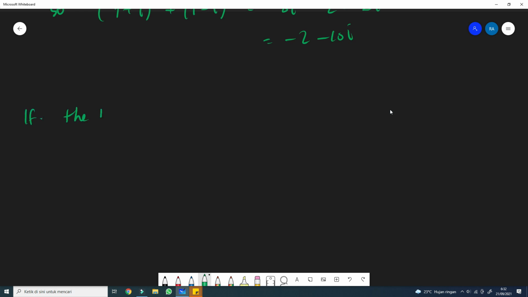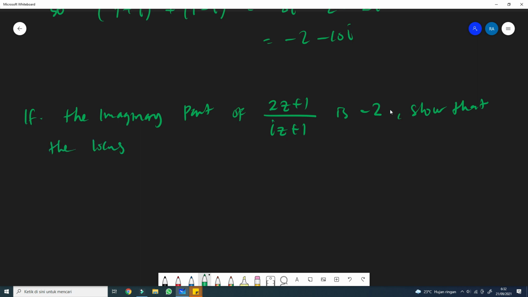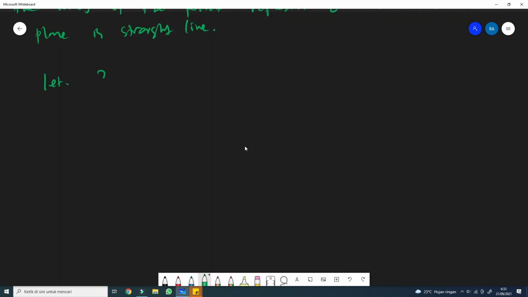Another example: if the imaginary part of (2z plus 1) over (iz plus 1) is minus 2, show that the locus of the point representing z in the Argand plane is a straight line. So to solve, let z equal x plus iy, then our equation becomes like this.